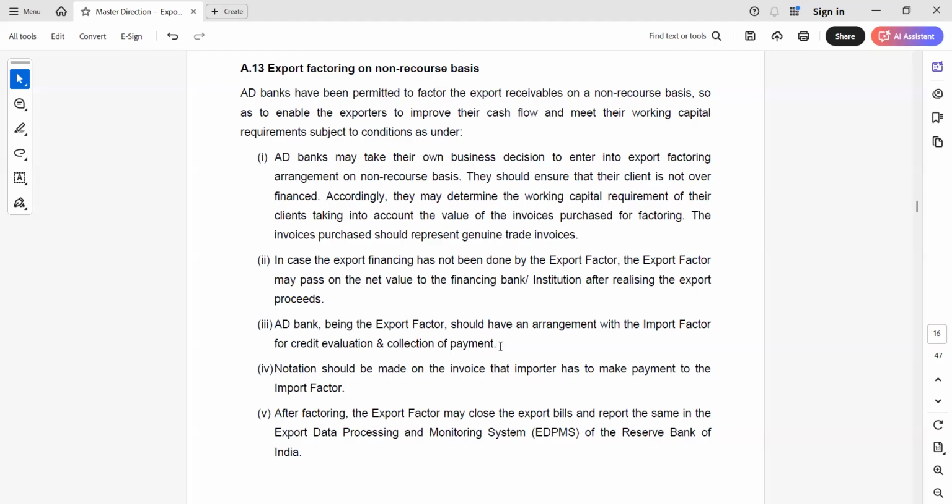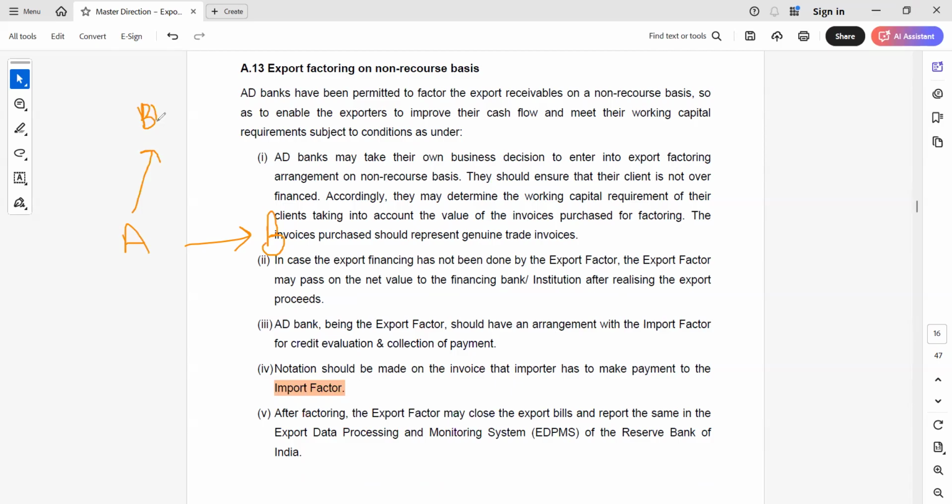No notation should be made on the invoice that the importer has to make payment to the import factor. Suppose A has done the export to B. So A has gone to the bank and is saying that you purchase this bill.